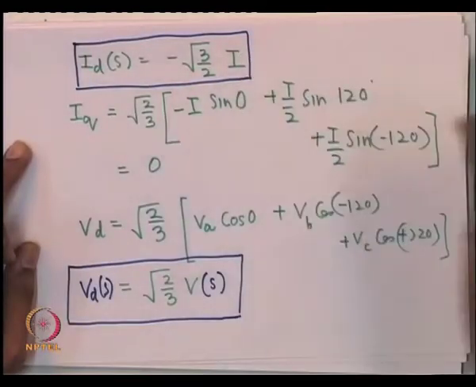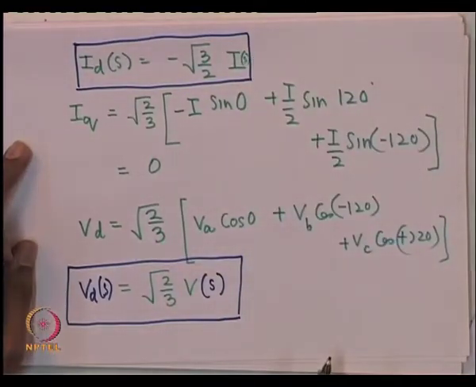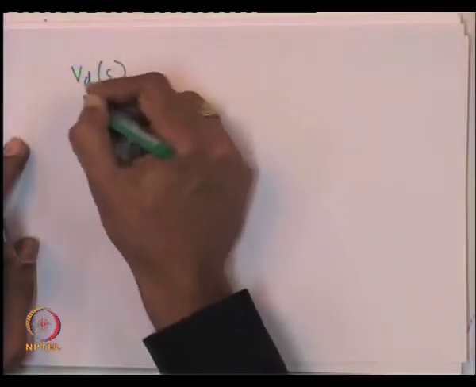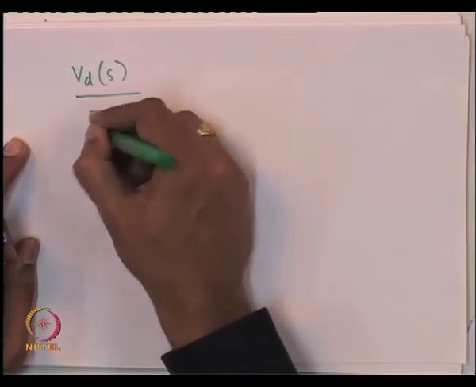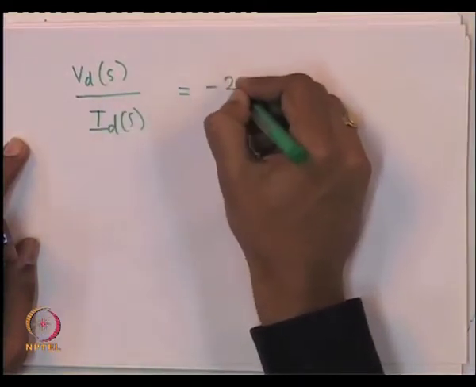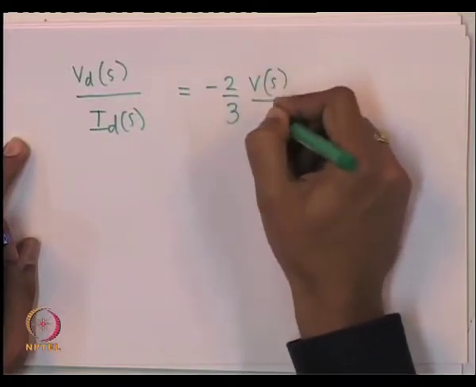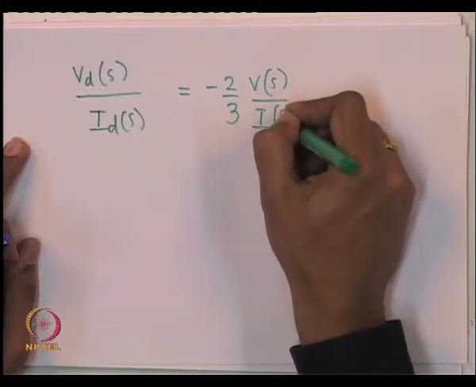This is of course of s. So, what we have here is V d of s upon I d of s is nothing but minus 2 by 3 times V of s by I of s.